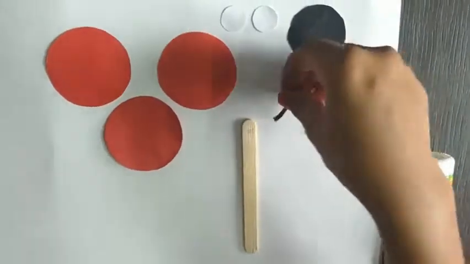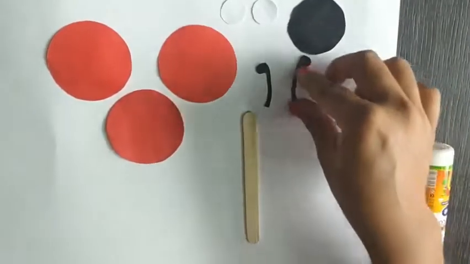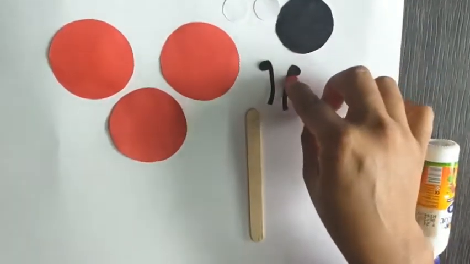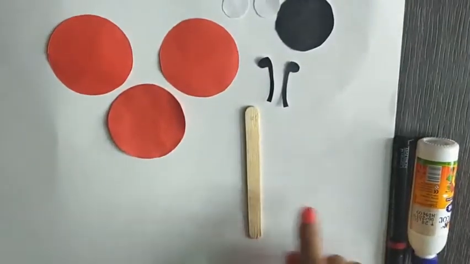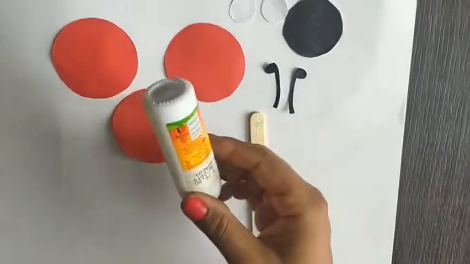Ladybird have 2 antennas. So like this, 2 small cuttings for antenna. 1 ice cream stick, 1 black marker and glue.